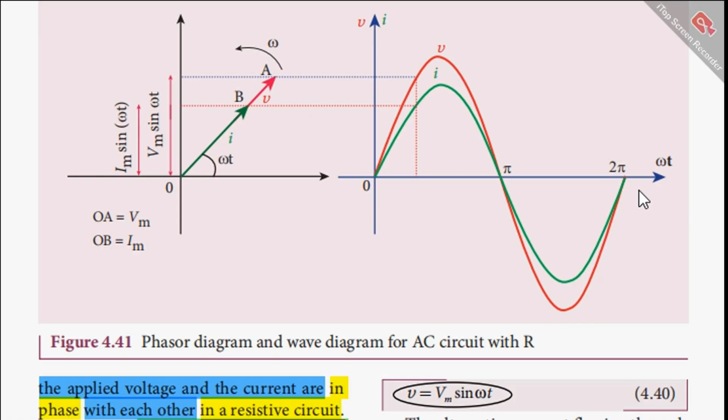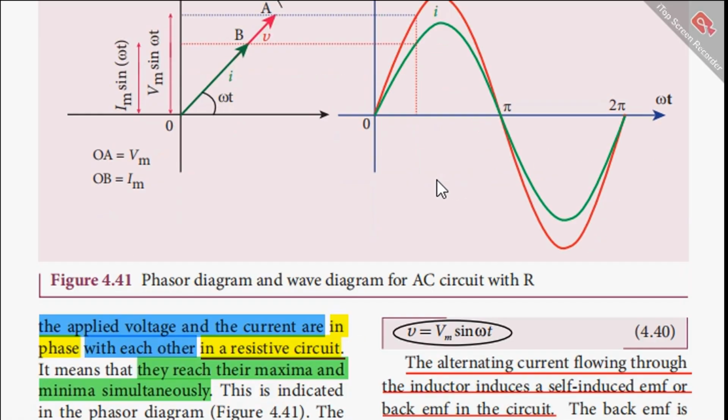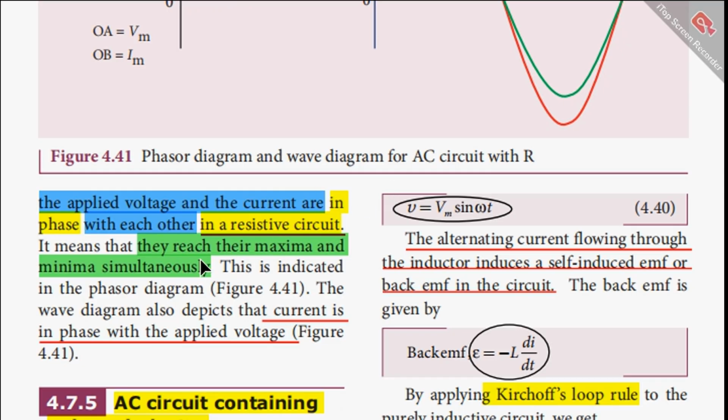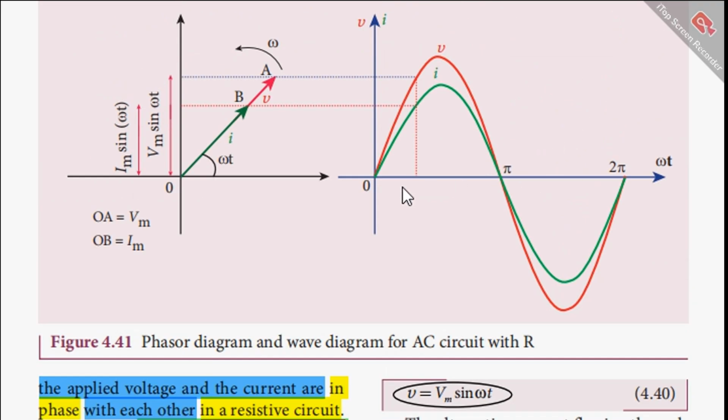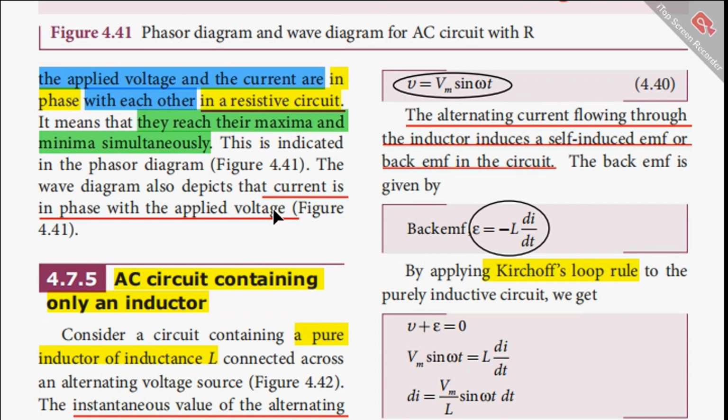This means that both the voltage and current are in phase with each other. So this is indicated in this phasor diagram 4.41, and this means that the current is always in phase with the voltage.